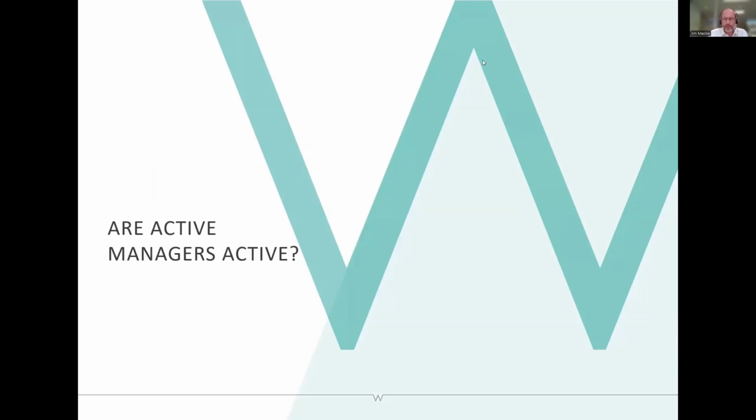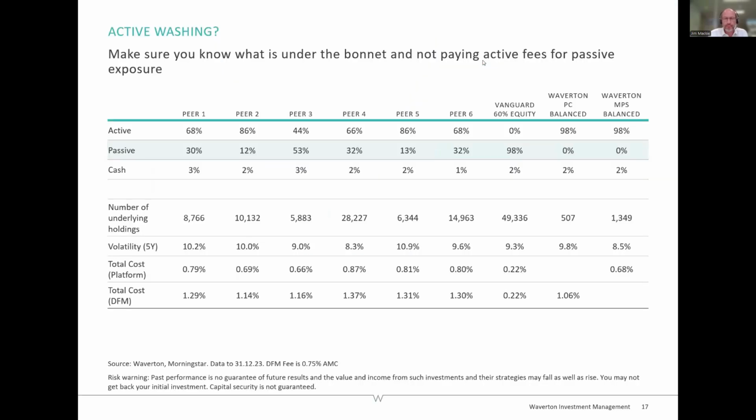So when we were preparing for this presentation, we started to look around, and Waverton, as Mark said in the introduction, we deem ourselves an active manager. Our MPS portfolio is made up of 4 funds, and we invest directly in all the underlying holdings.